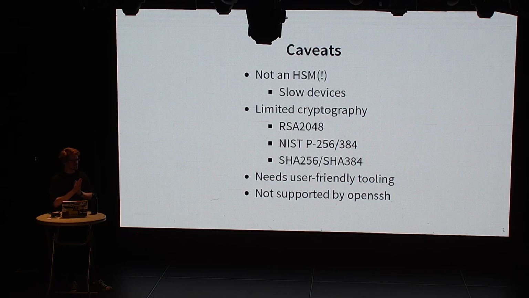They're not HSMs or hardware security modules. They are fairly slow. Most discrete TPMs do like 7 or 8 signatures a second, which is usable, but not super usable for anything that requires a lot of activity. They also have limited cryptography, so most of them these days only have RSA 2048 and then the NIST P256 and 384 curves.